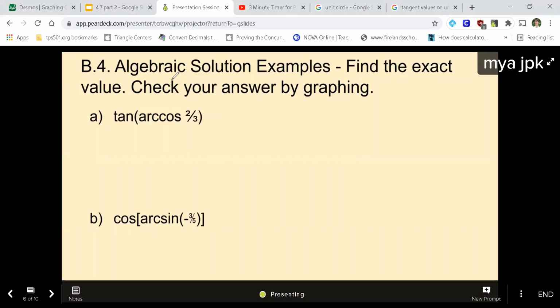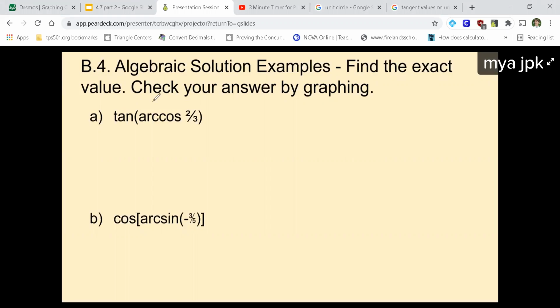Now we're going to try composition of functions, but of different types. So for example, let's take the tangent of the arc cosine of 2 over 3. Here is how I would recommend you approach this problem. You have to recognize what information it's telling you.